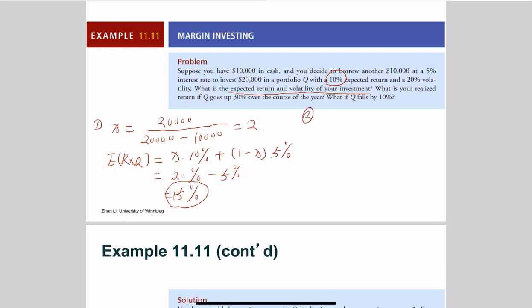Okay, great. Now let's look at the second question. If Q goes up 30%, we can actually calculate your realized return.